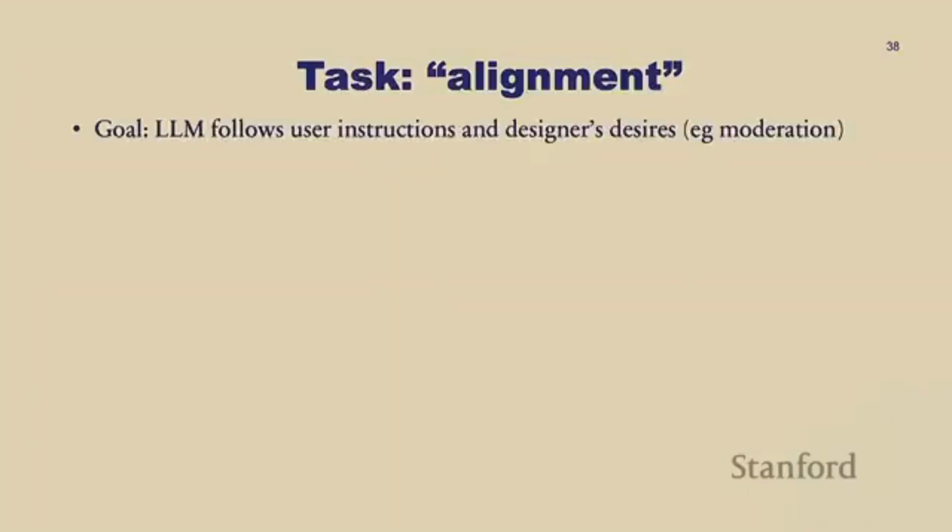This is not what you want from an AI assistant. So how do we do this alignment, which is this post-training and making these models assistants? The goal of this alignment is to basically get LLMs to follow the instructions that are given by users, and maybe some designers' desires. So think about moderation. OpenAI definitely doesn't want their model to say stuff that is very toxic.